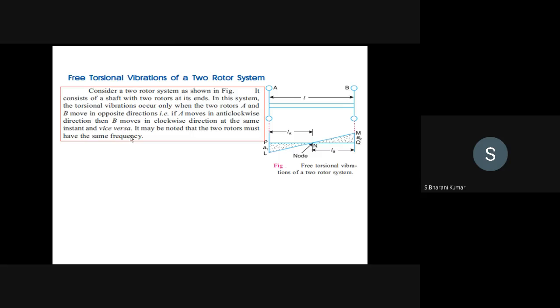This is called a node diagram, and this is called the node position. This is the length of B and length of A, and P and Q are the node positions. You want to find out this LA value and this LB value.